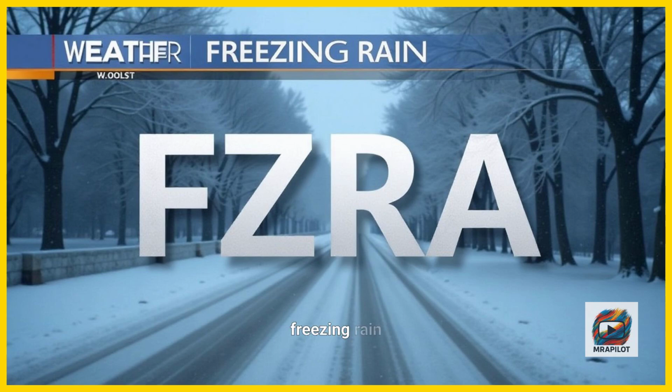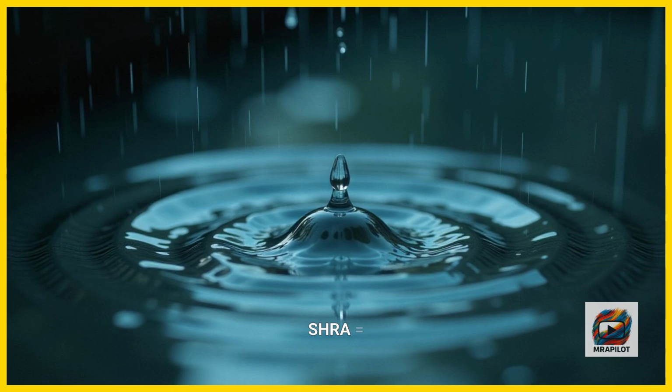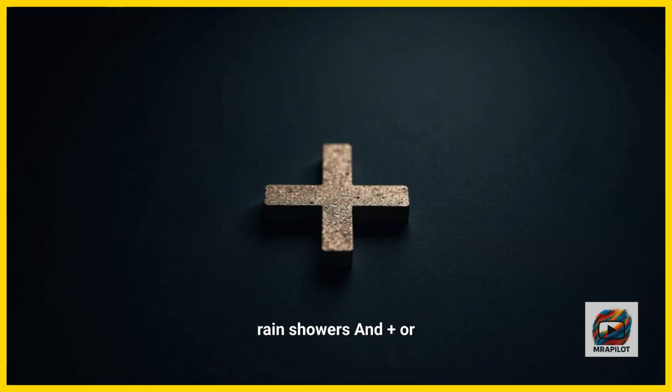FZRA equals freezing rain. SHRA equals rain showers, and a plus or minus before the code means heavy or light intensity. Recognize these codes quickly, and you'll build better mental models. Combine with cloud cover info, BKN, OVC, and ceiling data to assess approach viability.